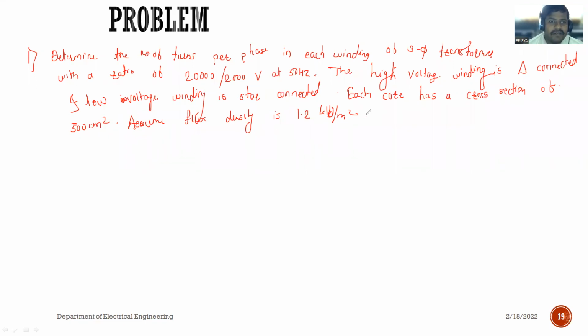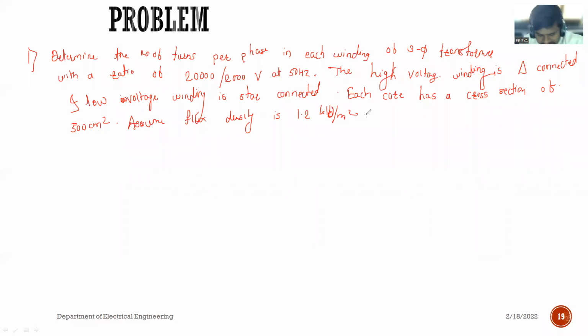We want to find the number of turns per phase in each winding of a three-phase transformer. The voltage ratio is given as 20,000 by 200 volt at 50 hertz frequency.